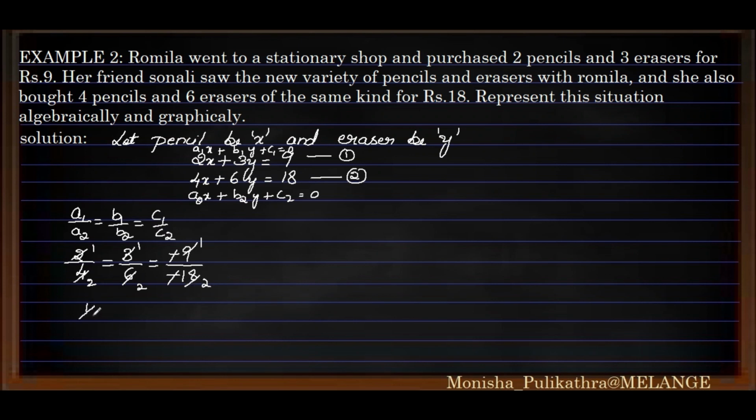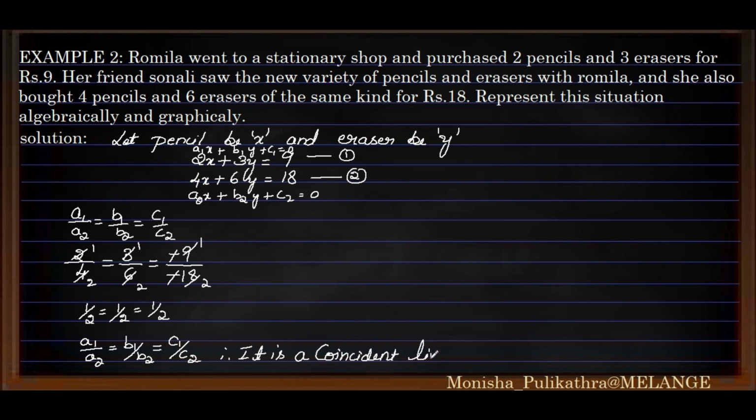So the comparison becomes 1 by 2 equal to 1 by 2 equal to 1 by 2. So a1 by a2 is equal to b1 by b2, which is also equal to c1 by c2. If this is the case, then it is a coincident line. Coincident line means both the lines merge with each other.